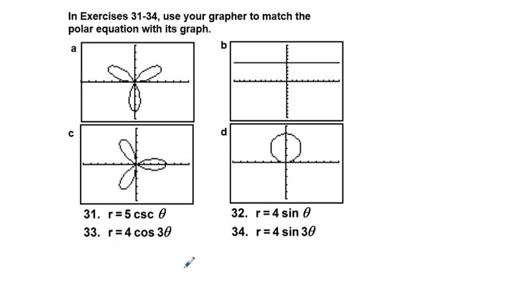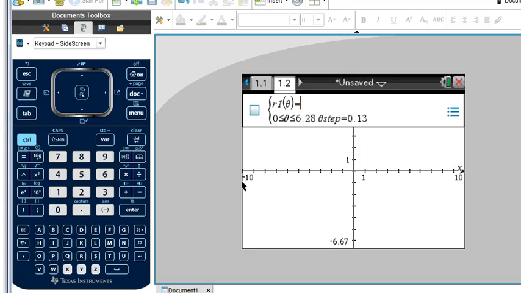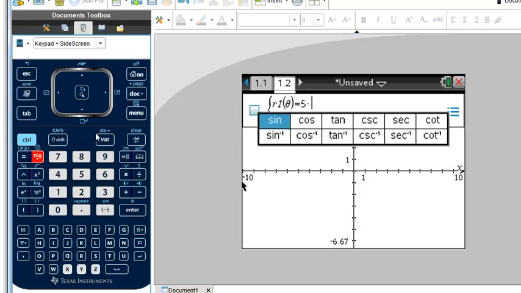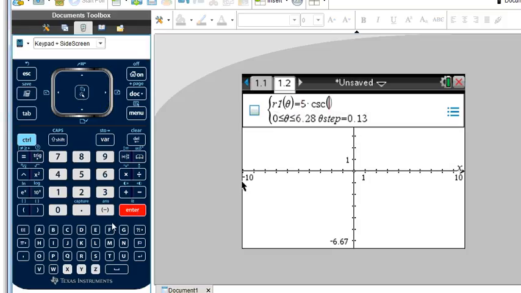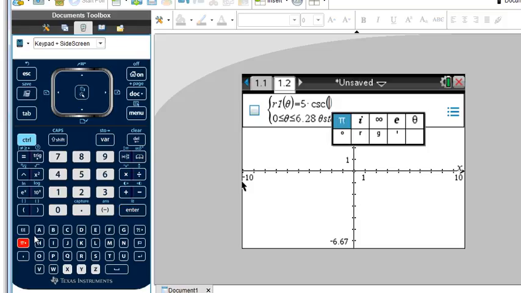We had 5 cosecant theta, so we go to 5 times, we go to cosecant, and theta, we can go to our Greek letters here on the left where this pi is, and go to the right there.